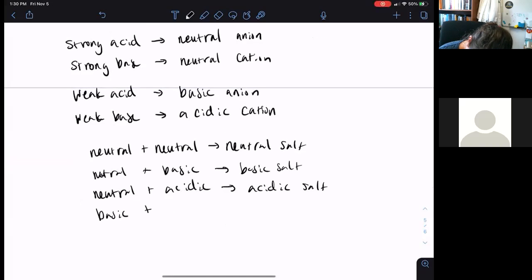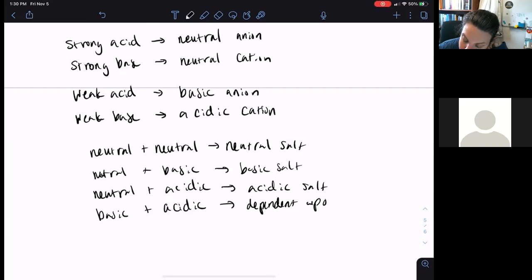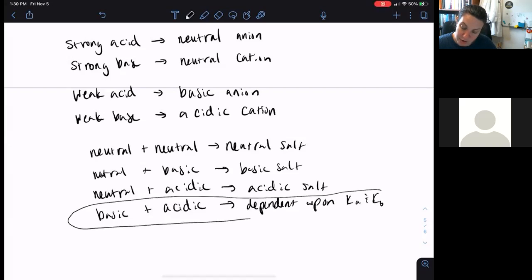Basic plus acidic, this is going to be dependent upon Ka and Kb. This, as a note, would not be formed during a neutralization reaction.